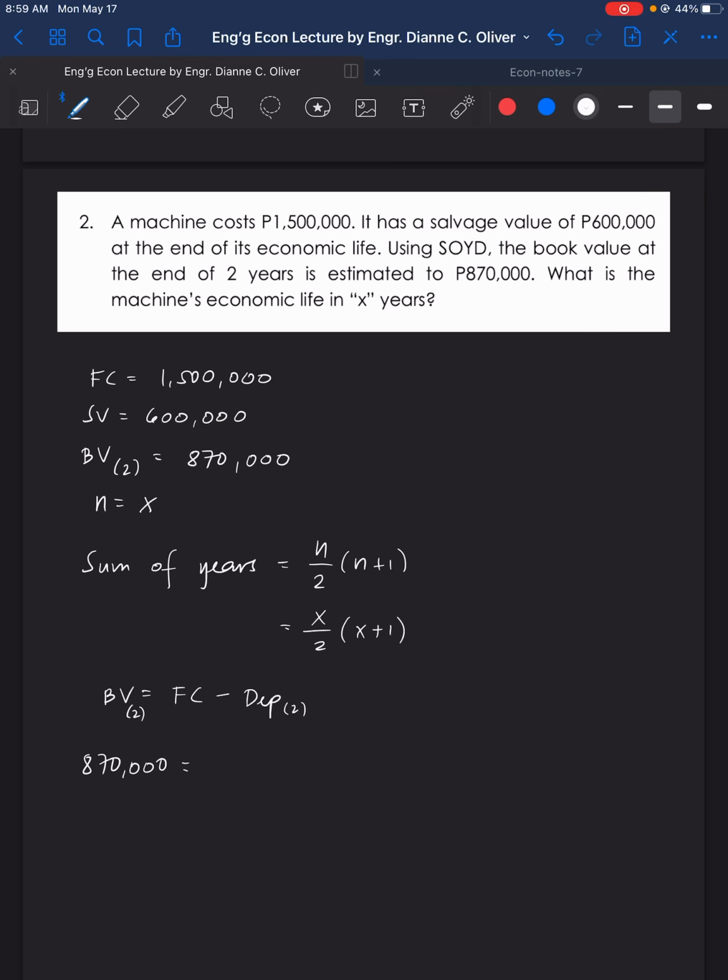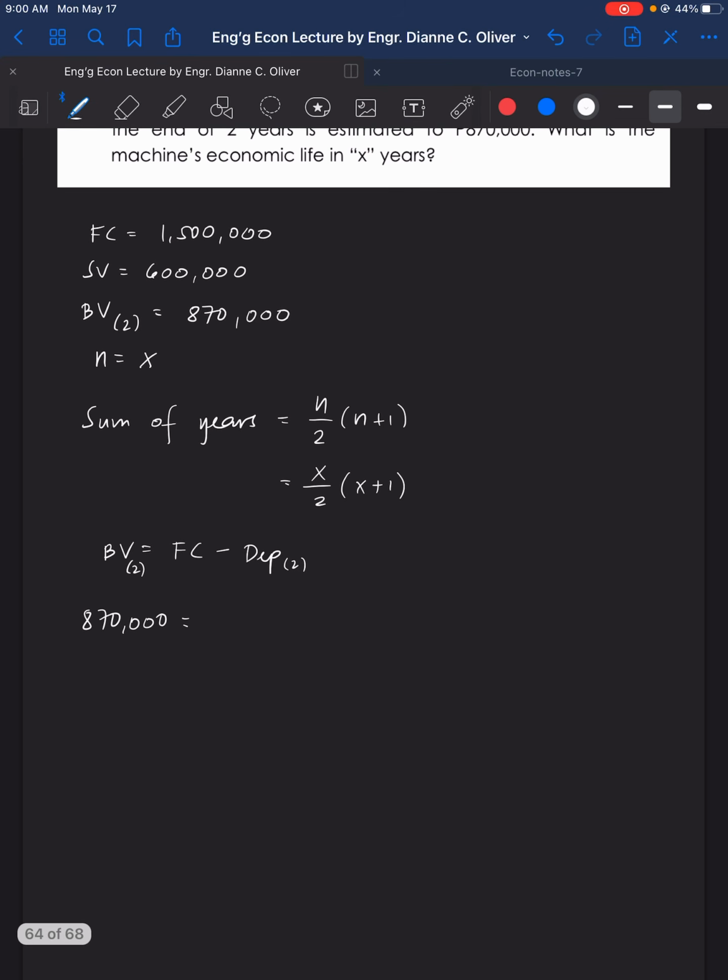or maybe let's compute first what will happen to the number of years. So remember the table. We have here the year, 1 and 2, so only 2 years. Then depreciation will become first cost minus the salvage value of 600,000. And then here is the tricky part.